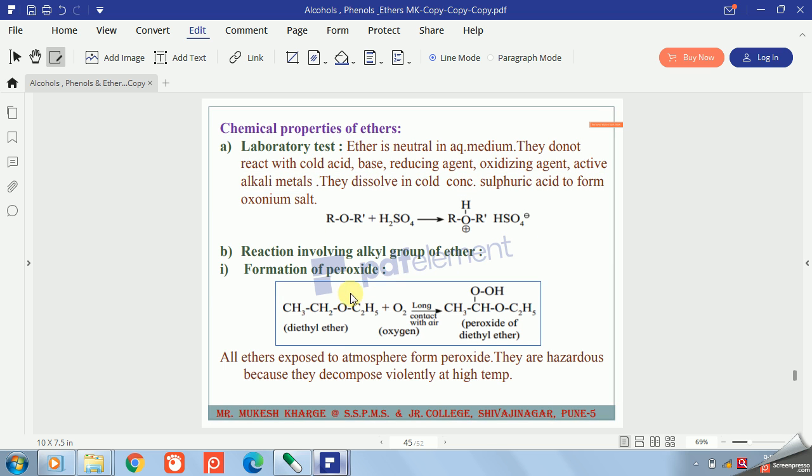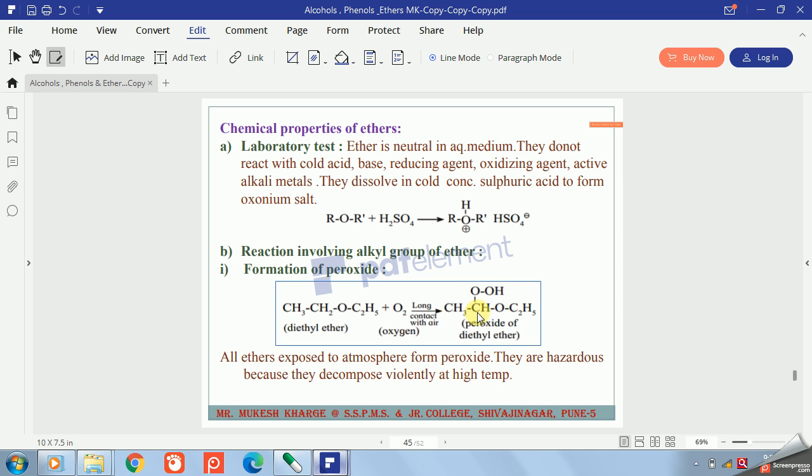So the first reaction is formation of peroxide. When diethyl ether reacts with oxygen on long contact with air or pure oxygen, the alkyl group carbon gets oxidized and we get a peroxide link on that carbon.